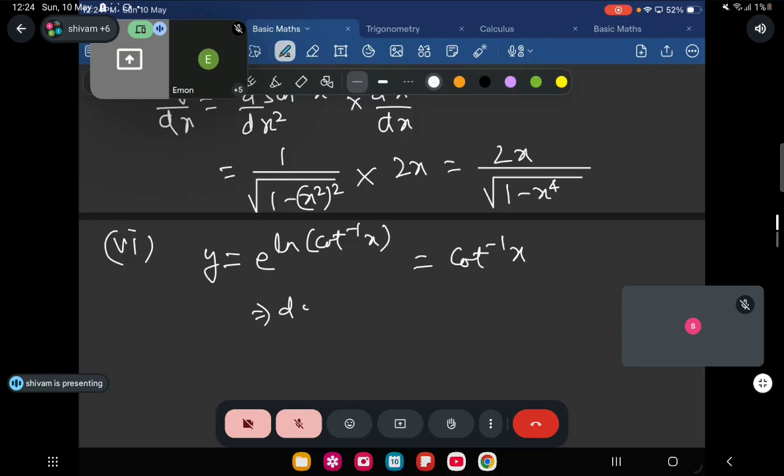This implies dy by dx will be equal to, e to the power ln x will be equal to just x. Forgotten properties of log. Base log, the fundamental log identity, right? Everyone remembers? Okay. So dy by dx will be equal to just minus 1 by 1 plus x square. Done.